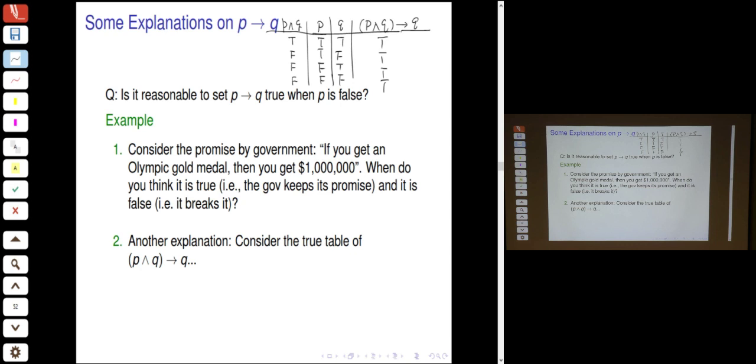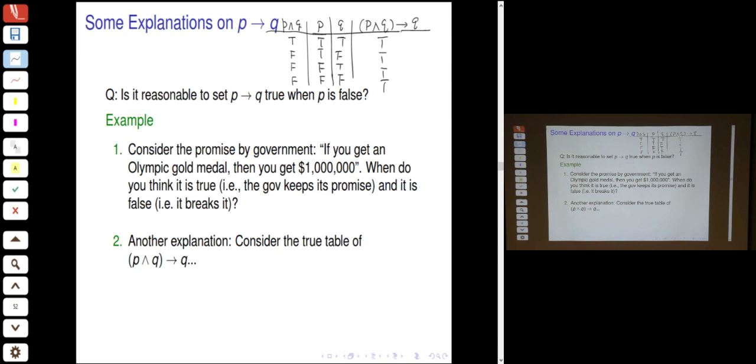Okay, so now look at the last two rows. So here I have F, right? Here I have F. Q is T. So this looks like F arrow T. It should be true. Sorry. If you agree with me, these things have to be true.